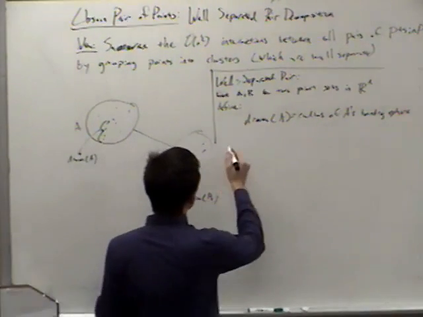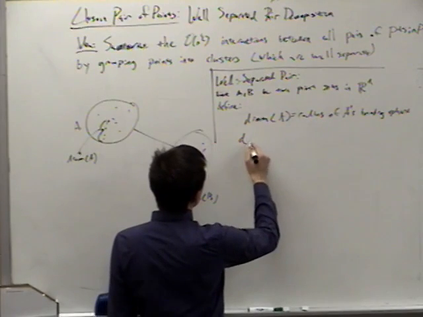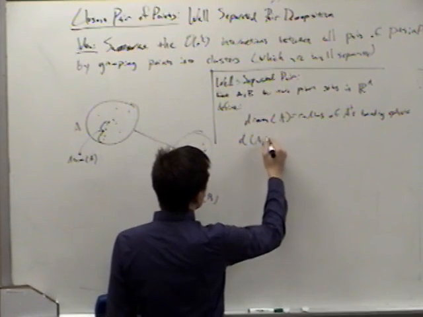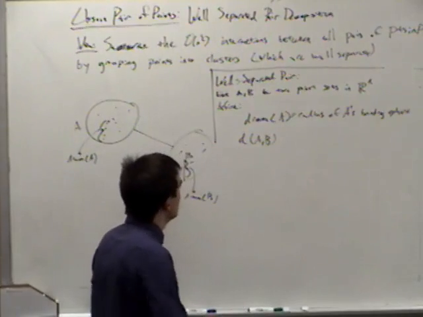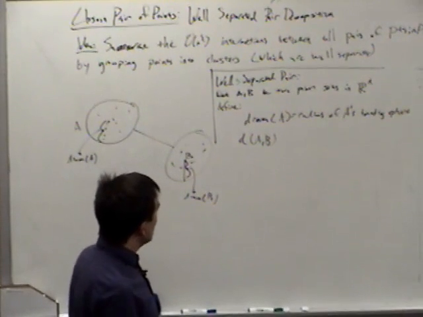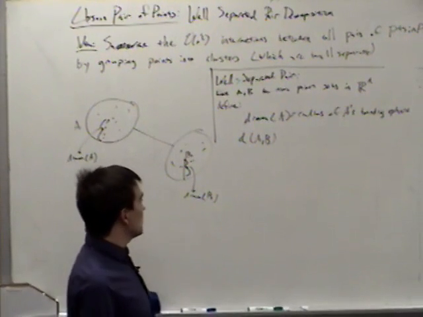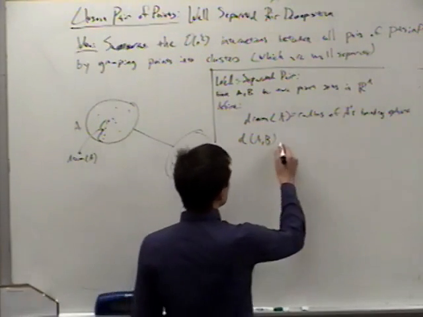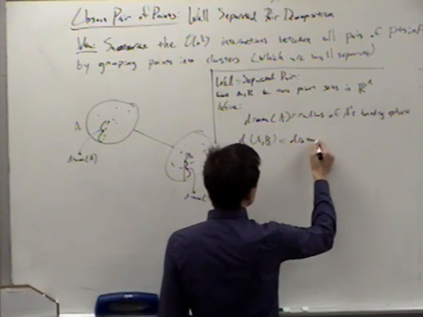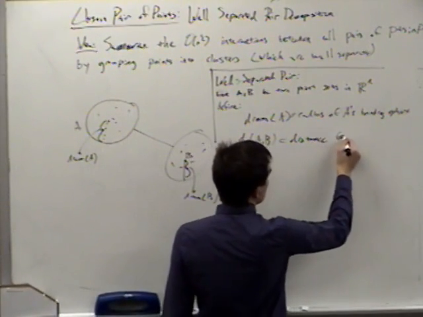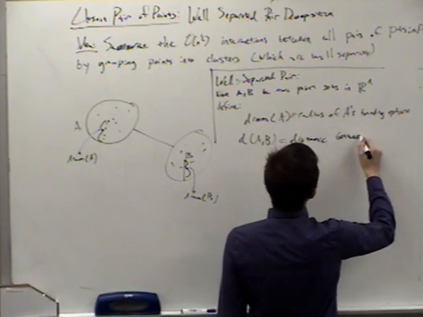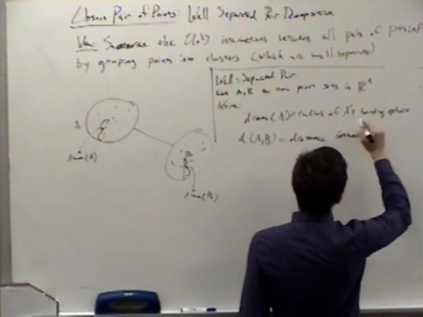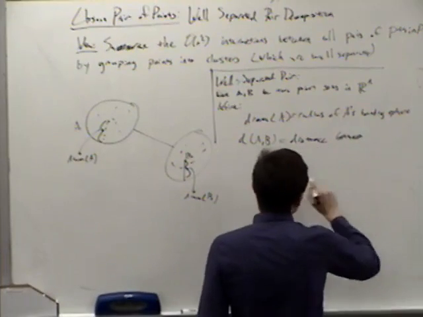Right. And similarly, we're going to define the distance between A and B, which is the distance between their bounding spheres. You have to be slightly careful here.